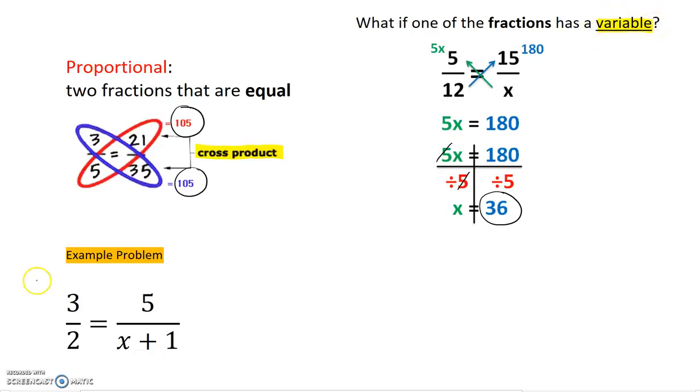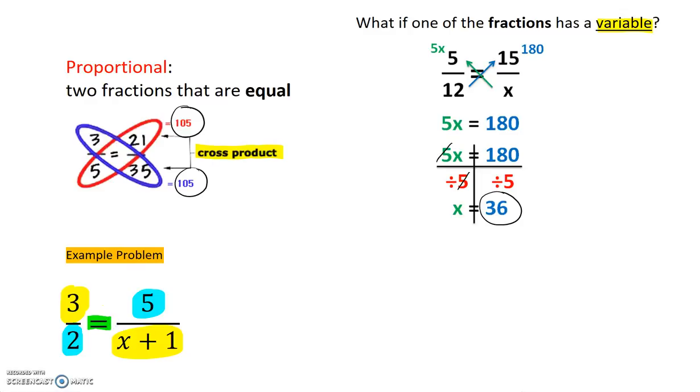So let's take a look at this last example problem. It seems a little more complicated because you have 3/2 equals 5 over x plus 1, but we're going to use the idea of cross products. We multiply those two, and we multiply these two. And remember, the key is that they should equal each other.